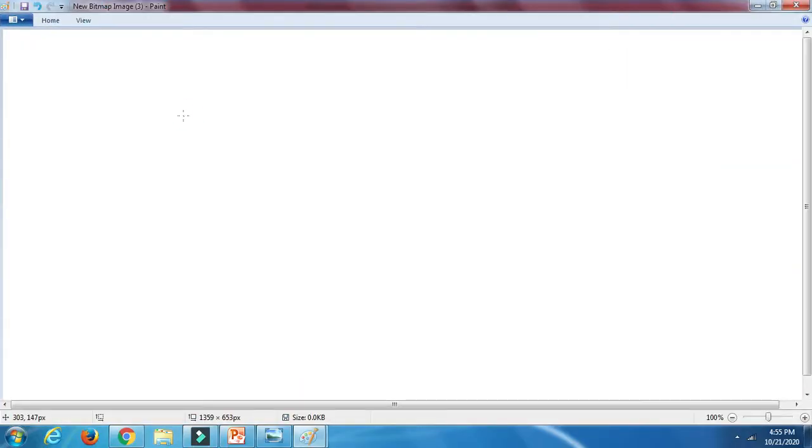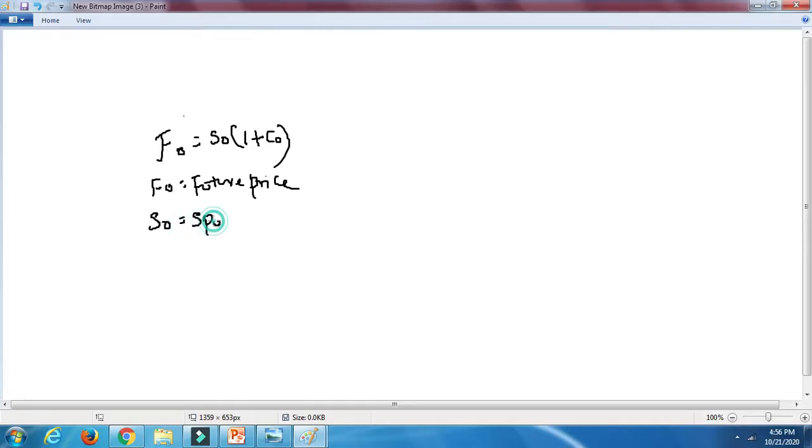So let's start doing this problem. The formula, I have already given, is F0 is equal to S0 into 1 plus C0. F0 is your future price that needs to be determined. S0 is your spot price that is given in the question.